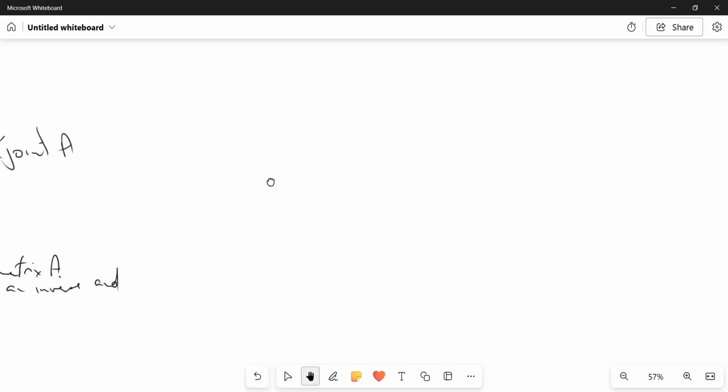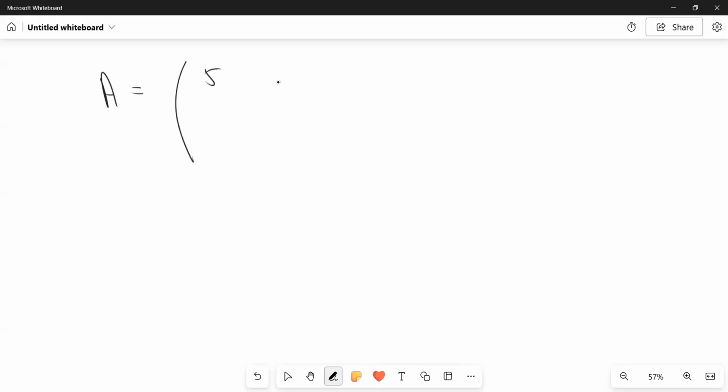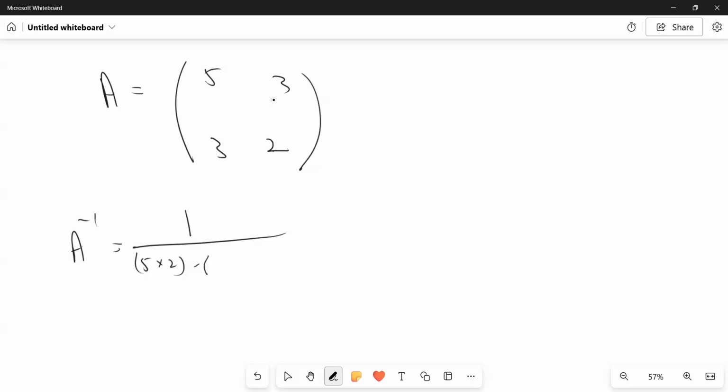Let's do that. So let's say you have a matrix A equal to 5, 3, 3, 2. You have to find A inverse, right? So A inverse is simply 1 over AD, which is 5 multiplied by 2, which is 10, minus 3 by 3, times the adjoint.